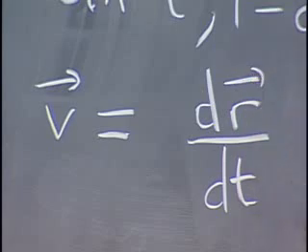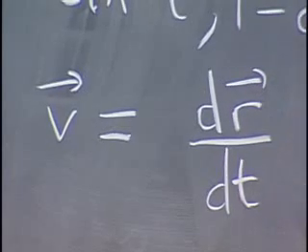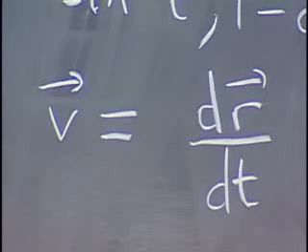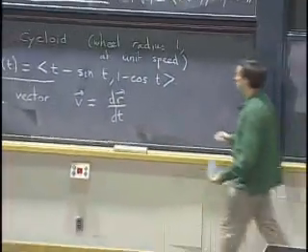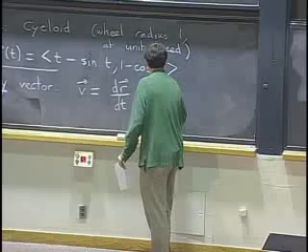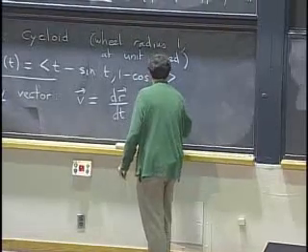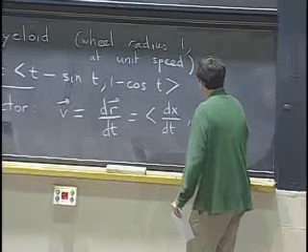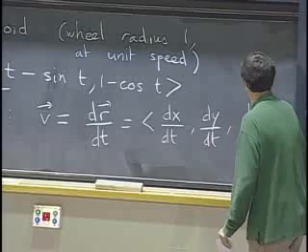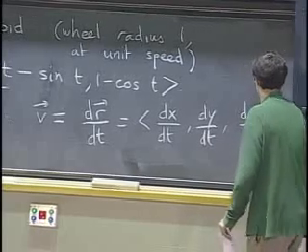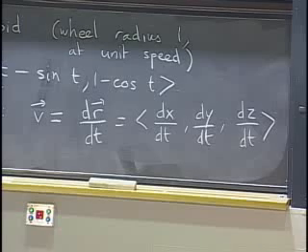So the basic rule is you can take the derivative of a vector quantity just by taking the derivatives of each component. So that's just dx/dt, dy/dt, and if you have a z component, dz/dt.